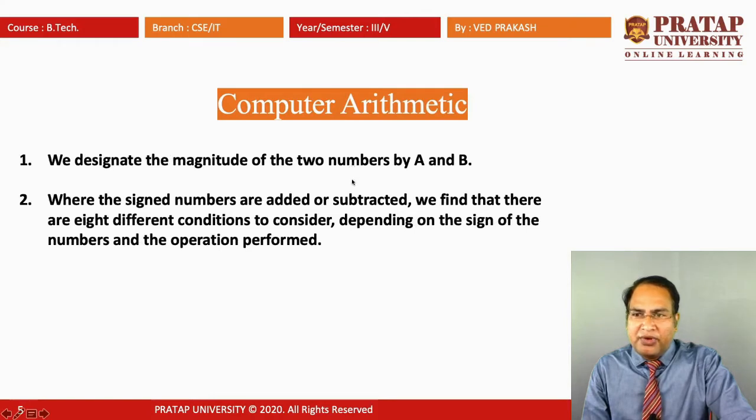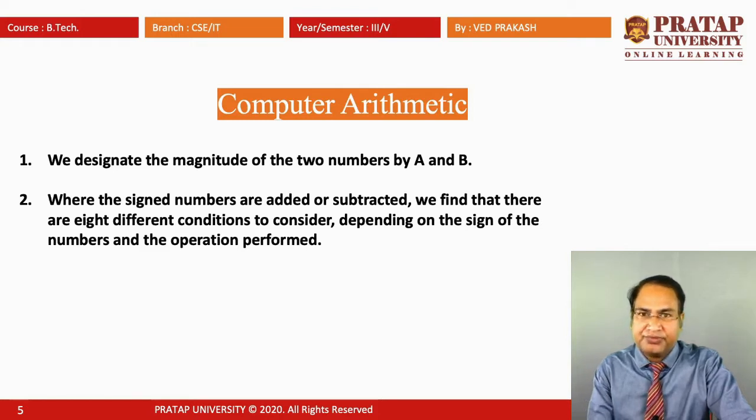Now, we designate the magnitudes of two numbers by A and B, where the signed numbers are added or subtracted. We find that there are 8 different conditions to consider depending on the sign of the numbers and the operation performed.